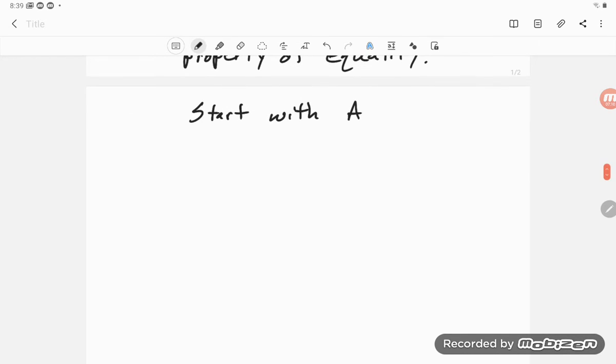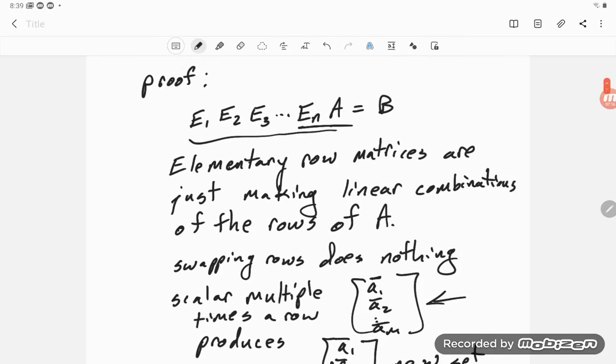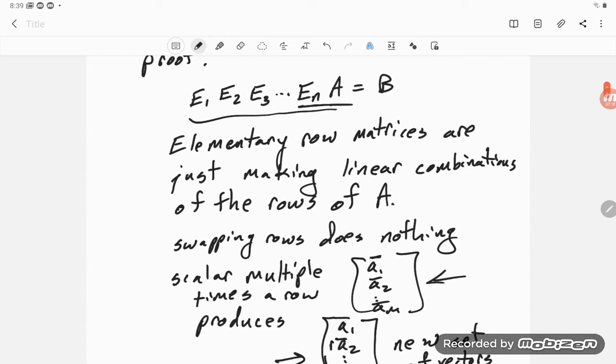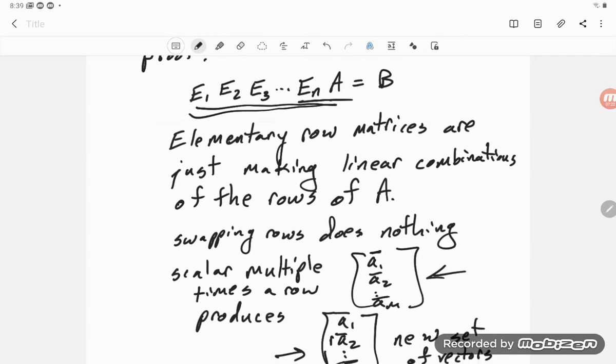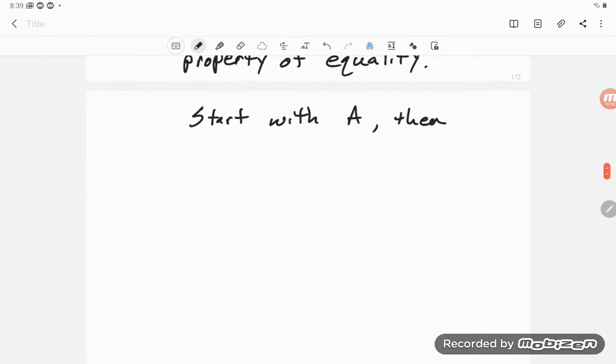Because actually what happens is, I start with A, then, in what direction? I should have gone En down to E1, but we'll do it this way.